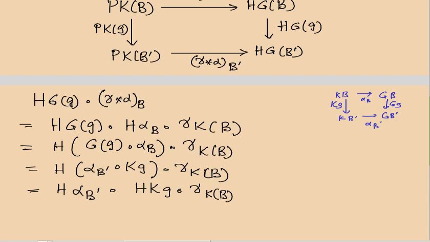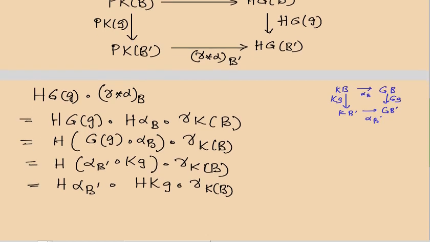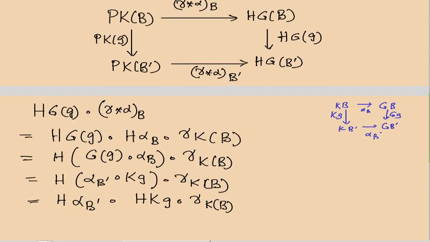Now, what am I to do? I am to show that this is equal to gamma star alpha B prime composed PKG. Right? So I must be having H alpha B prime, gamma KB prime, something over here.